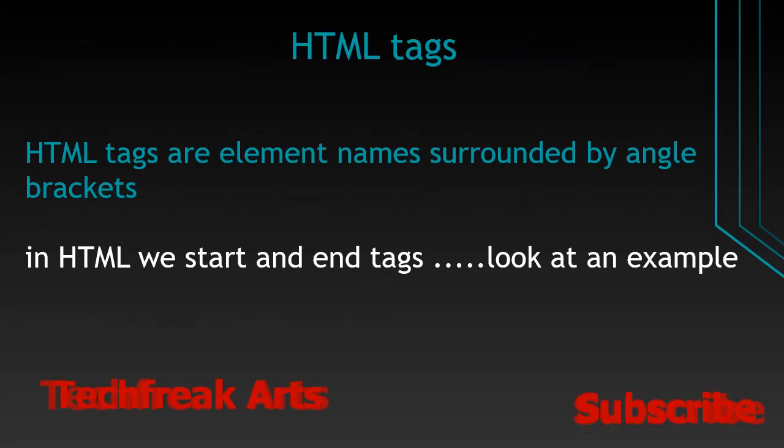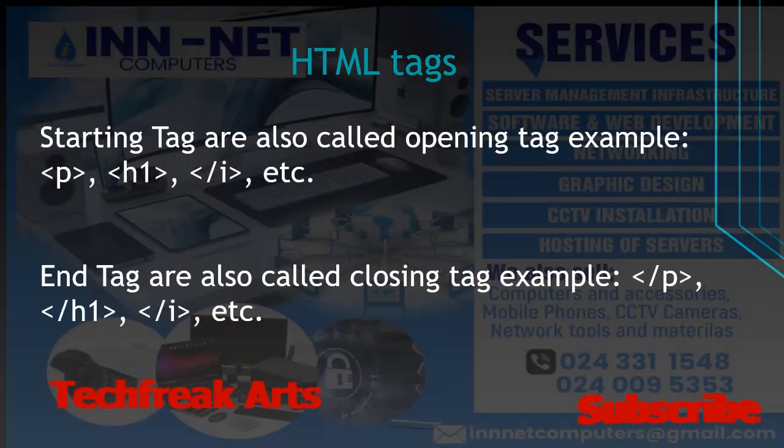Okay, finally we are going to talk about HTML tags. HTML tags are element names surrounded by angle brackets. In HTML, we start and end tags. Now let's look at an example. These are examples of HTML tags. Starting tags are also known as opening tags.